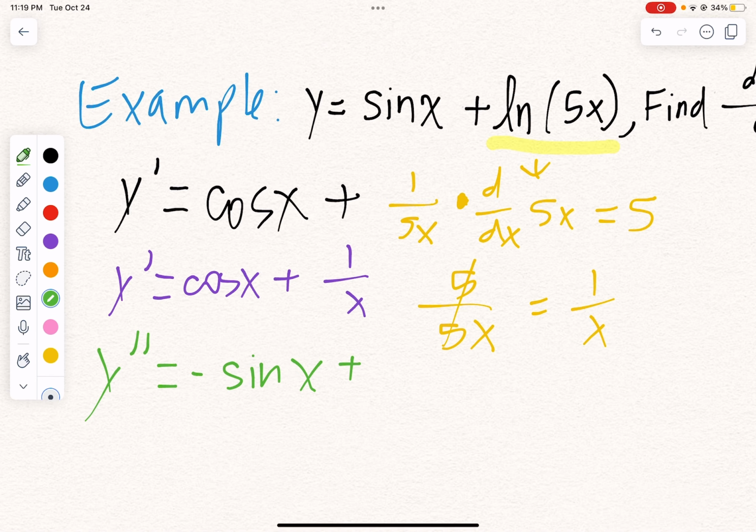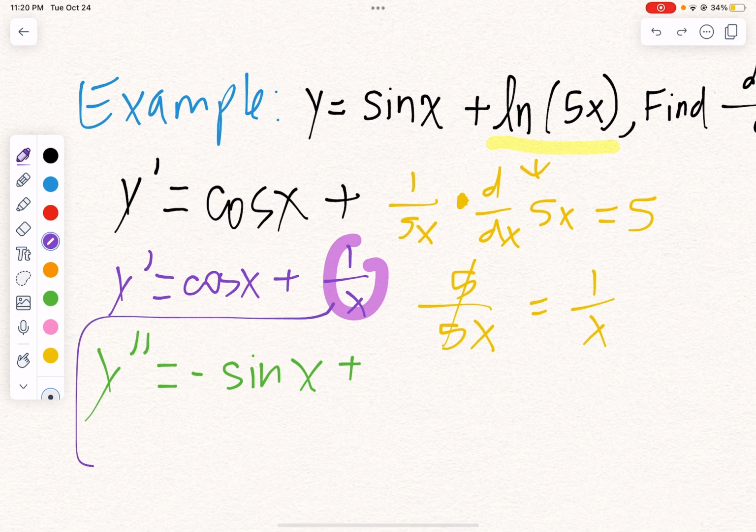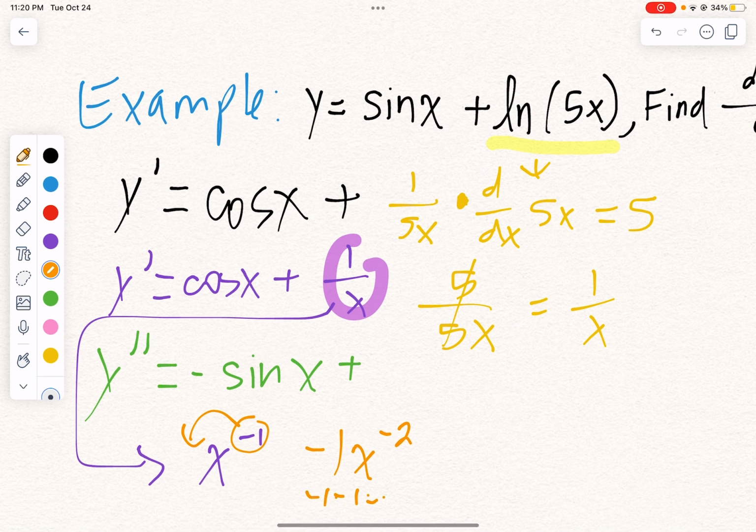Once again, we have a little bit of rewriting. 1 over x can be written as x to the negative 1. And so once you do the handy dandy power rule, it would be negative 1 x to the negative 2, because negative 1 minus 1 equals negative 2.